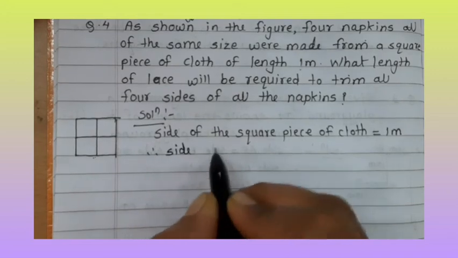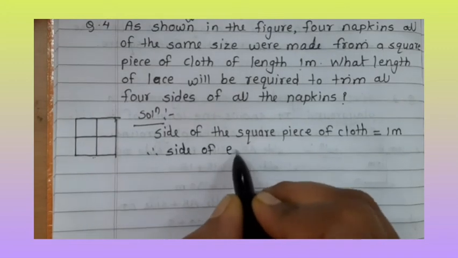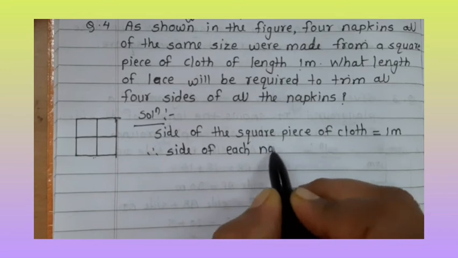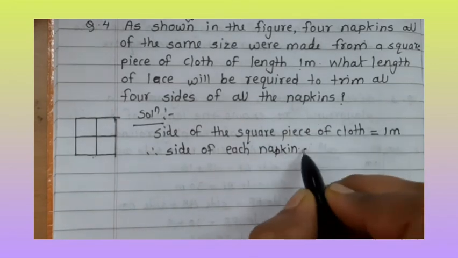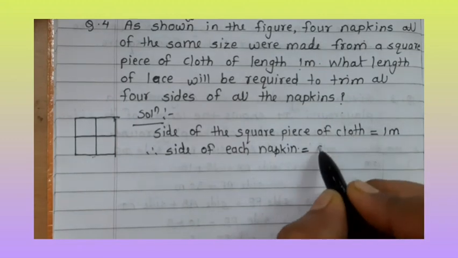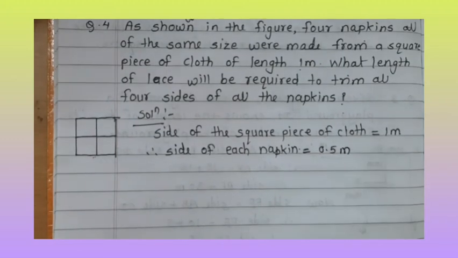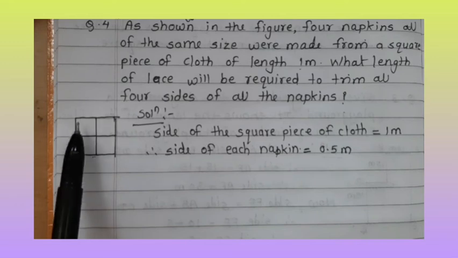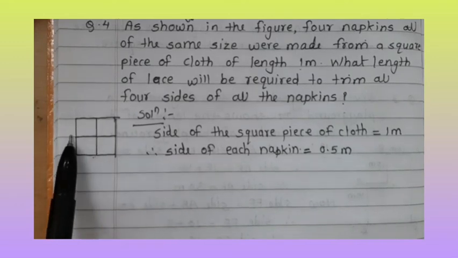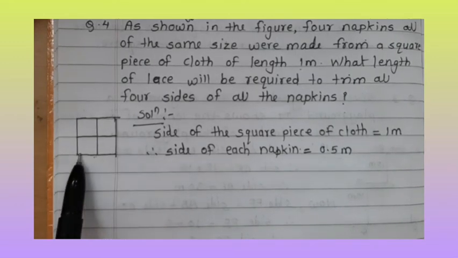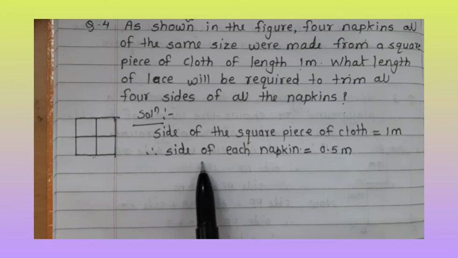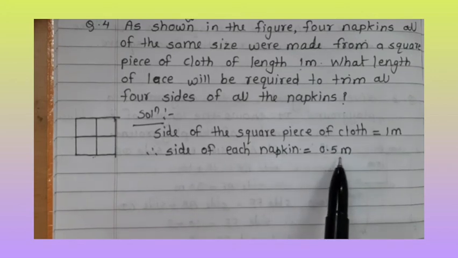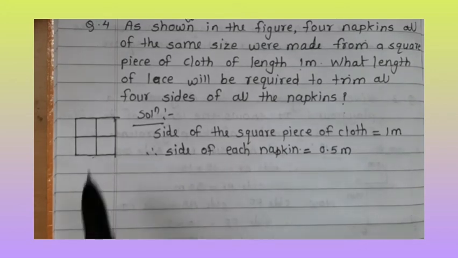Therefore, side of each napkin is equal to 0.5 meter. How 0.5 meter? Here 1 piece will be. So here this side of the square is 1 meter. So 1 piece. So each napkin will be how much? Each side of the napkin will be 0.5 meter.